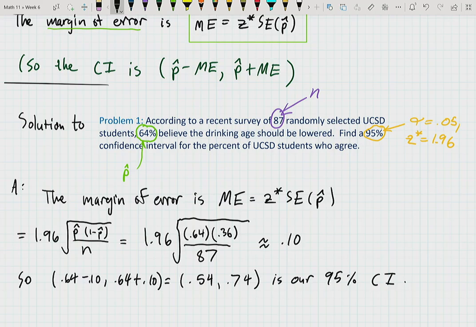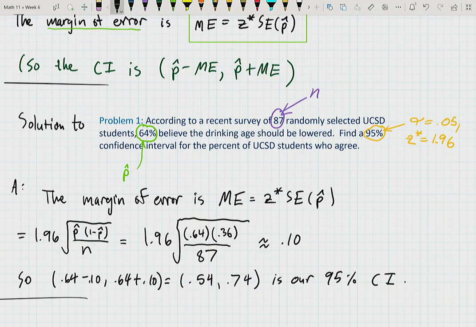Yes? Can you assume that there's more than 870 students at the school, or is that something else I'm thinking of? Because isn't there a 10% rule when you're sampling and not returning or something like that? Oh, yeah, right. UCSD has, what, like 30,000 students or something?